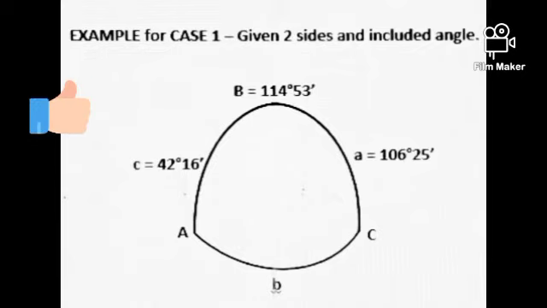And angle capital B is the angle between the sides small a and small c, and it is called the included angle.